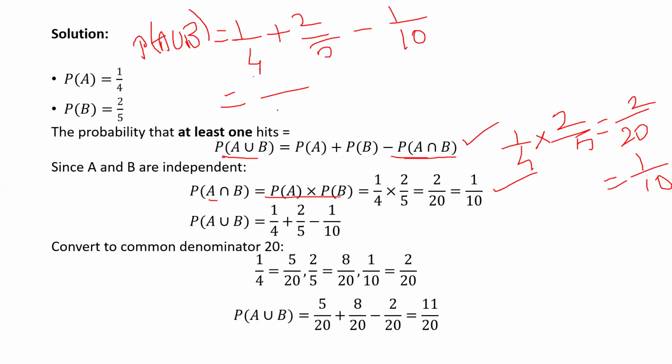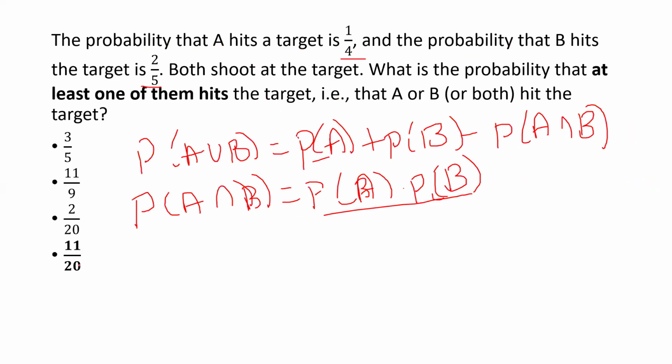So here 20 means 5, plus here 20 means multiply with 4, 2 into 4, 8. And here 20 means 2. So 5 plus 8, 13. 13 minus 2, 11. So 11 divided by 20 will be the answer.